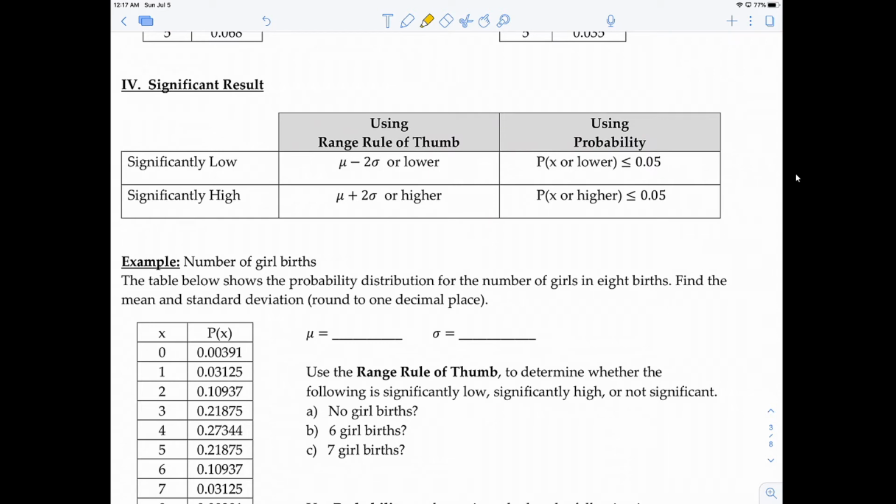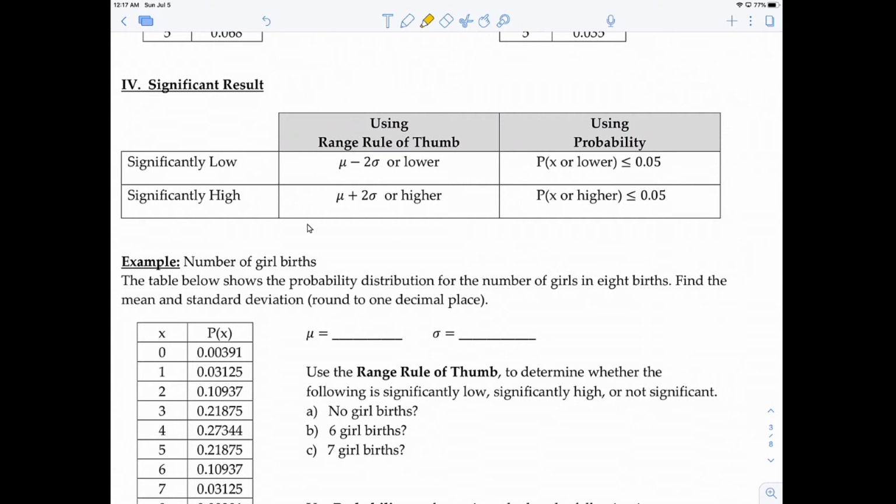The range rule of thumb provides us a tool to identify significantly low or significantly high values. We're going to use a more widely used method in the statistical world, a more robust method, and that is using probability. So using probability to identify significant values is usually tougher for students.